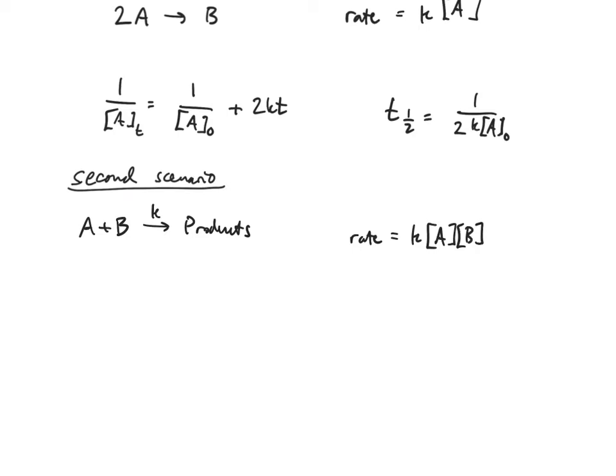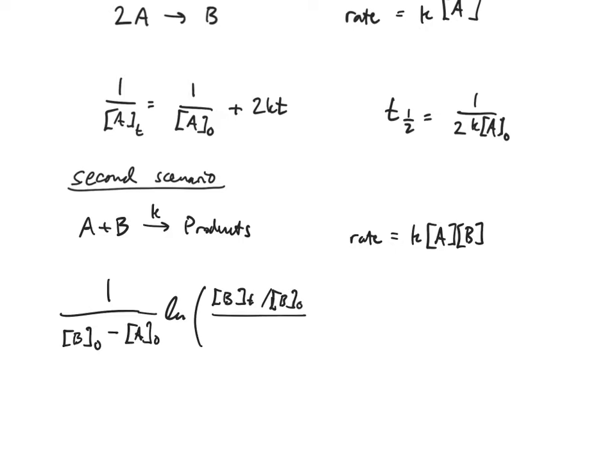So now when we solve for this case, we get a fairly complicated expression. The starting concentration of B minus the starting concentration of A, times the natural log of the concentration of B at some later time divided by the starting concentration of B, minus the starting concentration of A at a different time divided by the starting concentration of A, all equals kt.